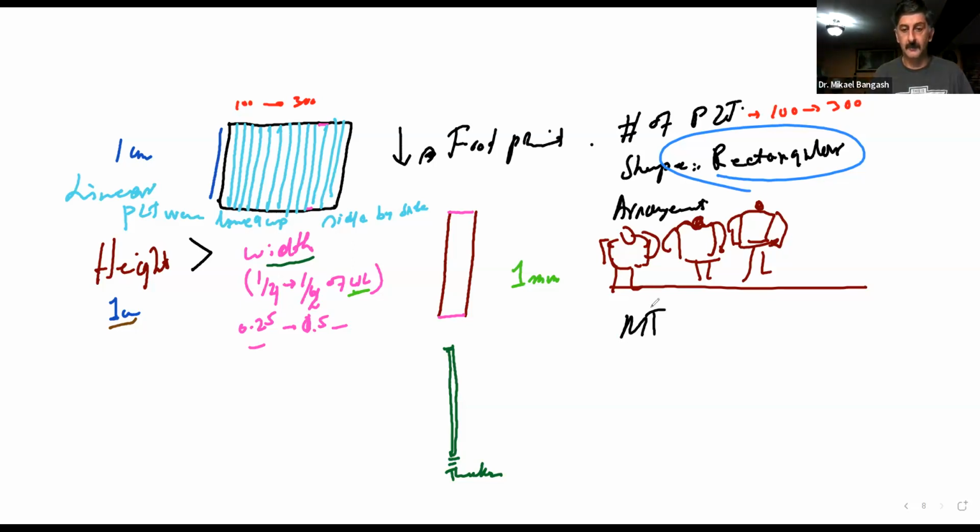Whereas for our mechanical transducer, we only got one PCC. But what we mainly said for that one is that the width of that PCC was going to be equal to the height. So these two here were the same.